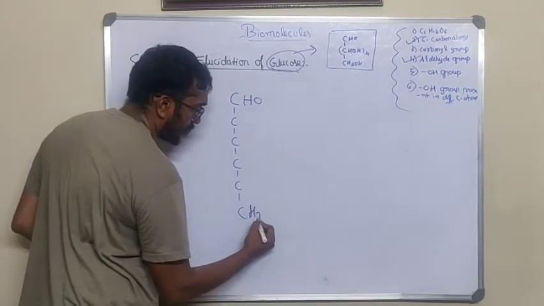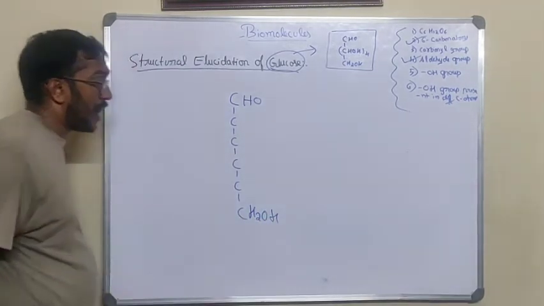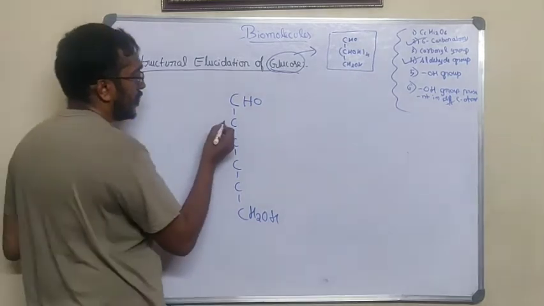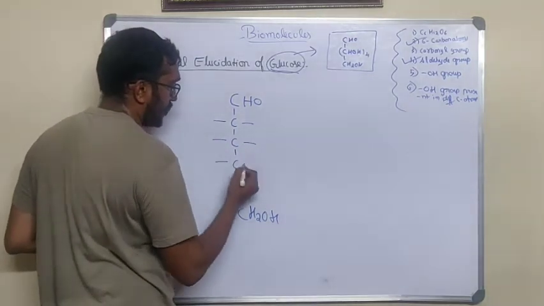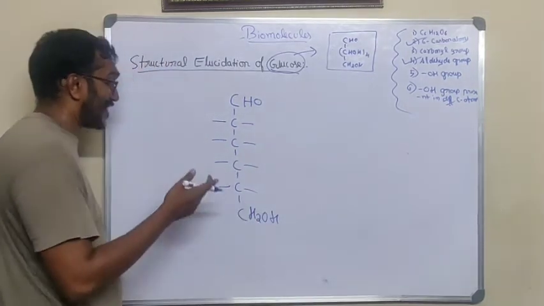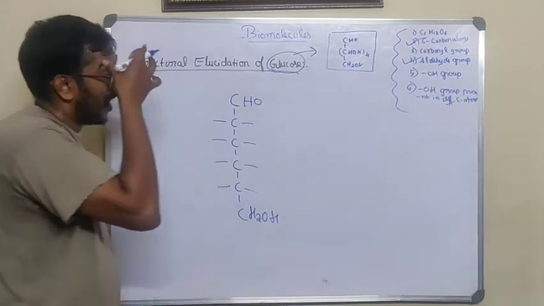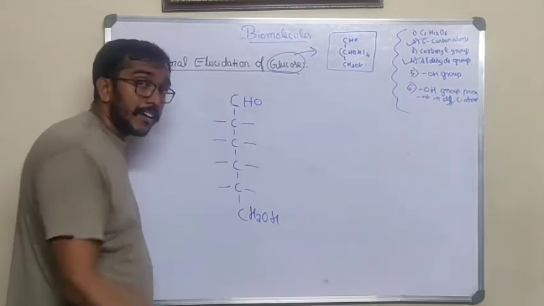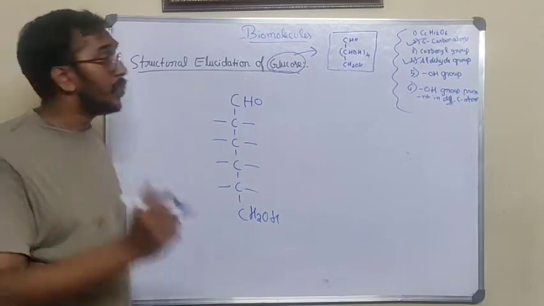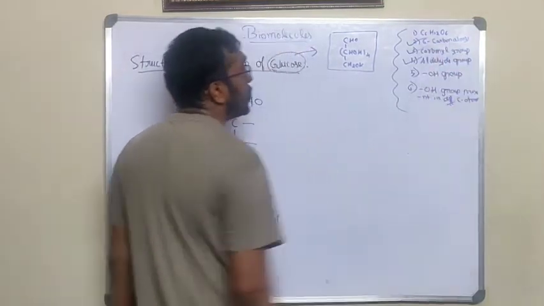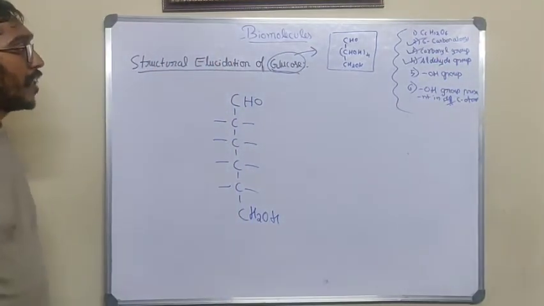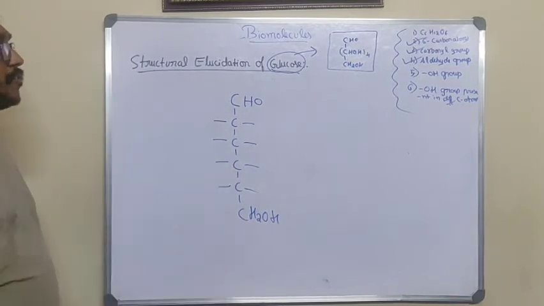So just write CH2OH. Now actually it starts here. Aldehyde is there means carbonyl group will be there. So the remaining are OH groups and hydrogens.